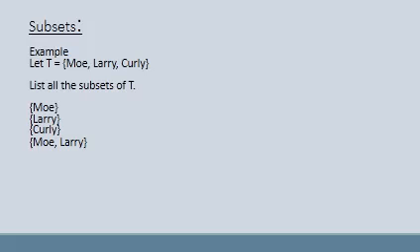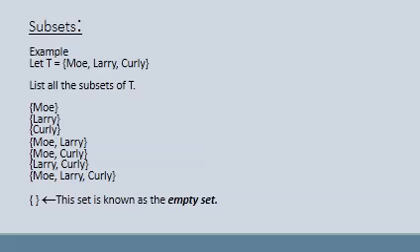I can put Mo and Larry together. Mo and Curly together. Larry and Curly together. Mo, Larry, and Curly together. So these are the subsets of T. And don't forget that the empty set is a subset of any set.